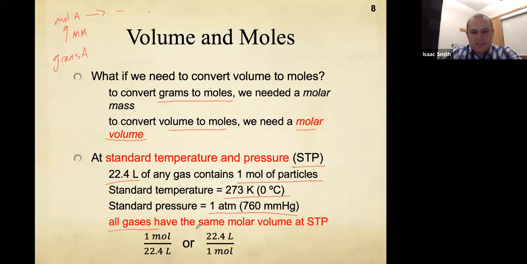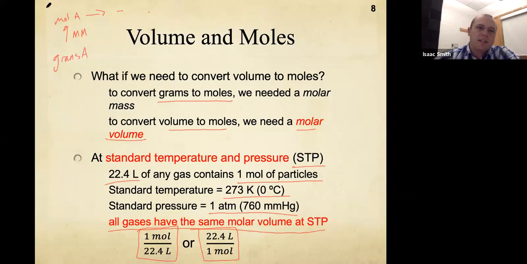And again, all gases have the same molar volume at standard temperature and pressure, which is really nice because then you don't have to have another number to look up. You can just know that 22.4 liters contains 1 mole, so you can make conversions like this. Okay, using this formula. Cool.